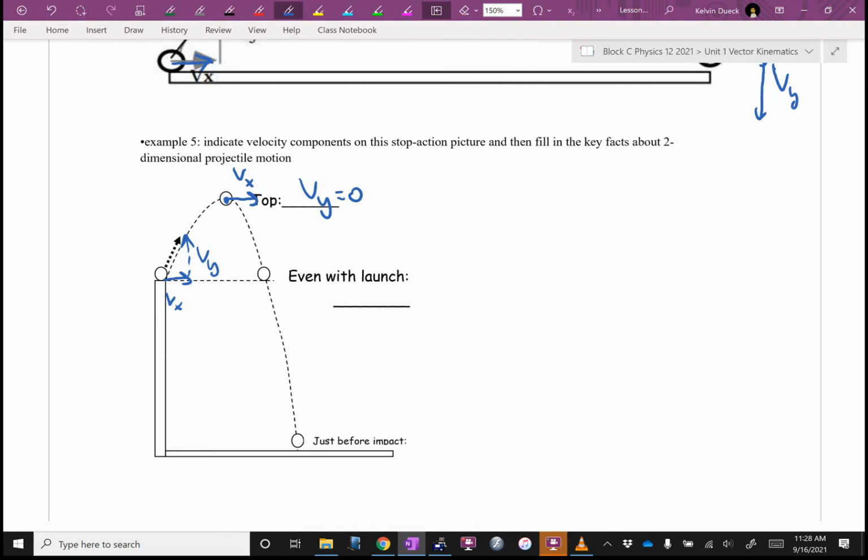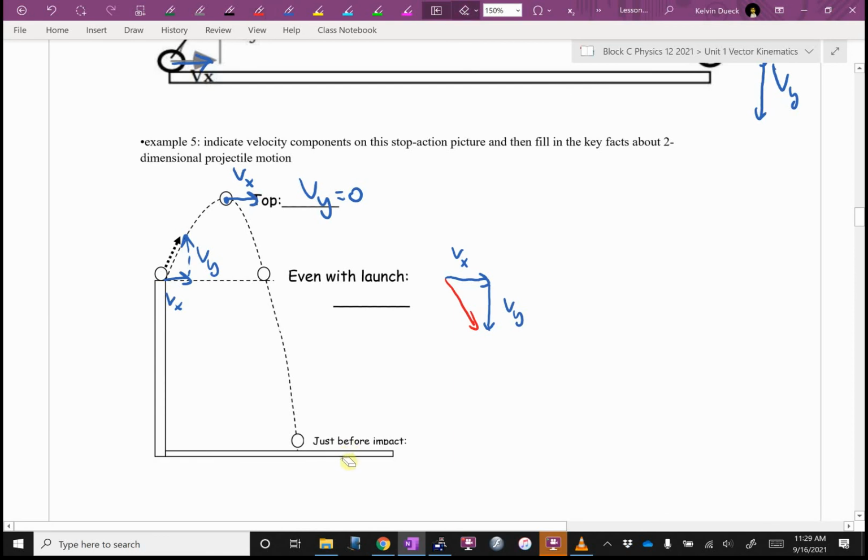What about when we get even with the launch again? Well, then it's going to look like this. There's Vx, still the same. Vy will be the same length as the one that I drew leaving the cliff. And in fact, the resultant would be the same as what it left the cliff at.